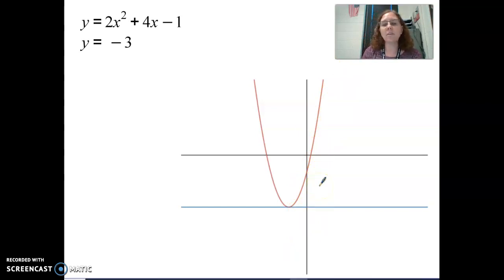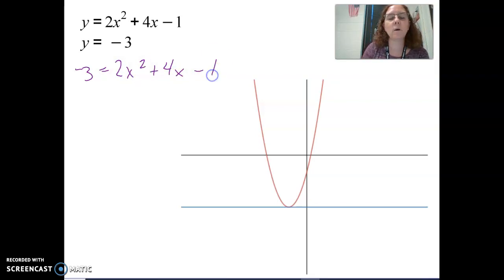So if you have that, you're going to have to use substitution like we did in the last video. So I'm going to take this negative 3, and I'm going to substitute it for y. If y is the same thing as negative 3, then I can substitute negative 3 here. Okay, so let's do that. Negative 3 equals 2x squared plus 4x minus 1.